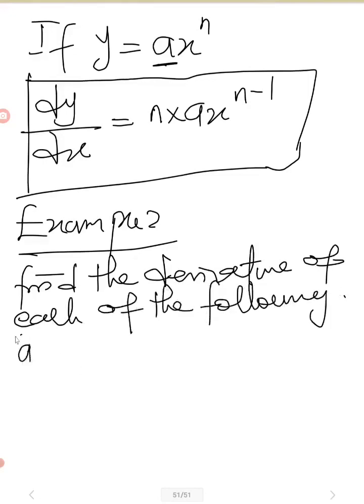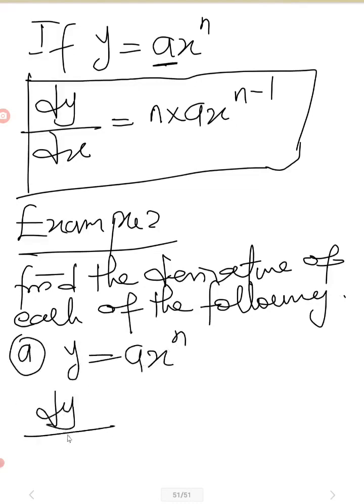Let's say a is y is equal to a x raised to power n, where a is a constant. So let's do the same, meaning that dy over dx will give you n a x to the n minus 1. So that is just the answer.